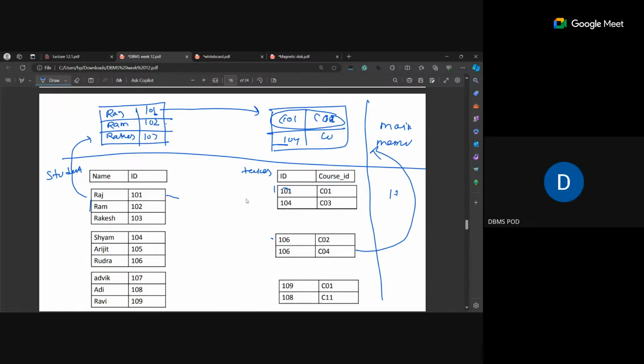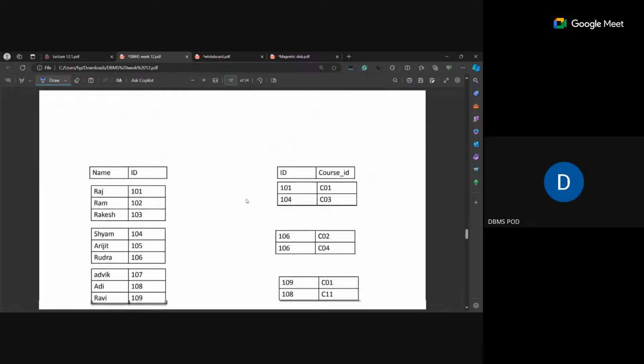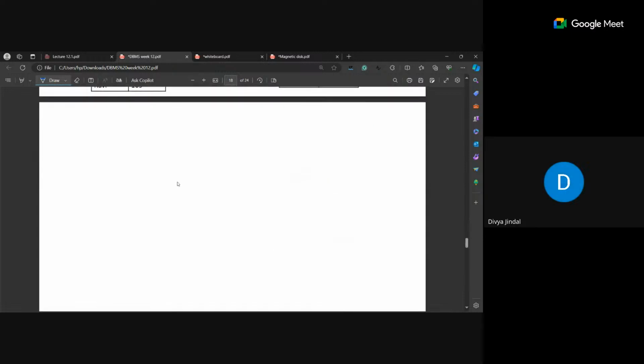Okay. What is the number of block transfers required here? BR into BS plus BR. Only blocks, yes, correct. The number of block transfers required is equal to BR into BS plus BR, and the number of seeks required is equal to 2BR.